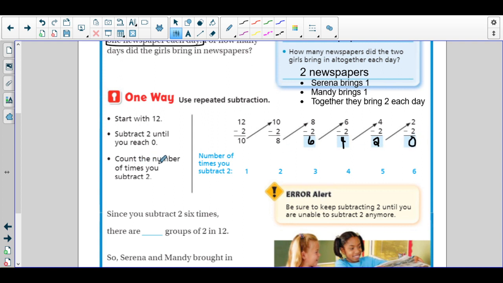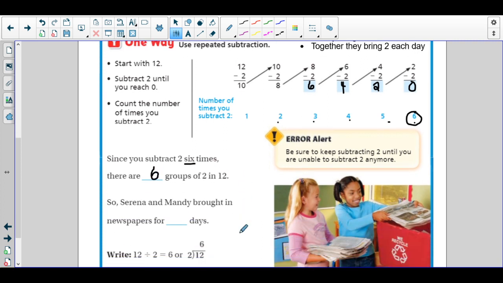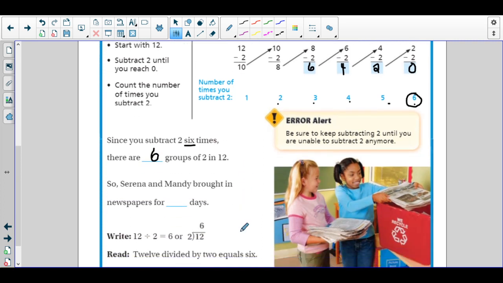All right, and then count the number of times that we subtracted by 2. Well, here was 1, and then 2, 3, 4, 5, and 6. So since we subtracted 2 6 times, there are 6 groups of 2 in 12.